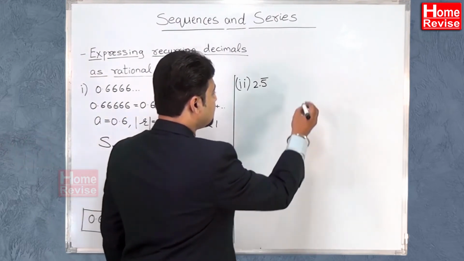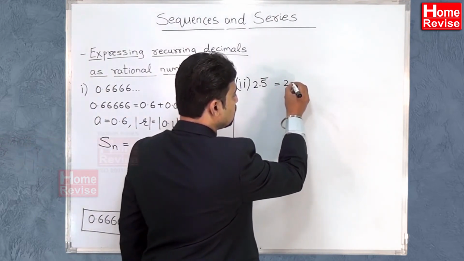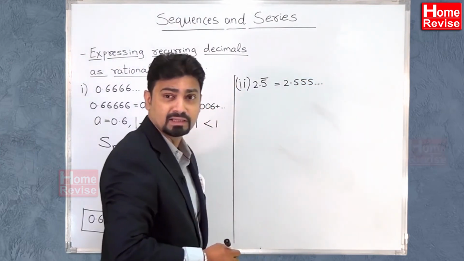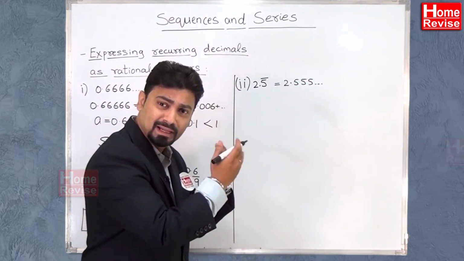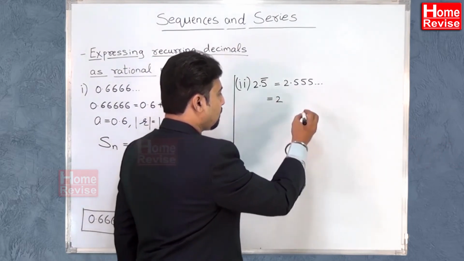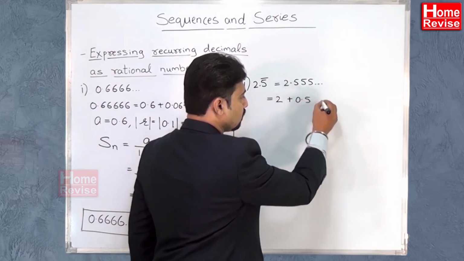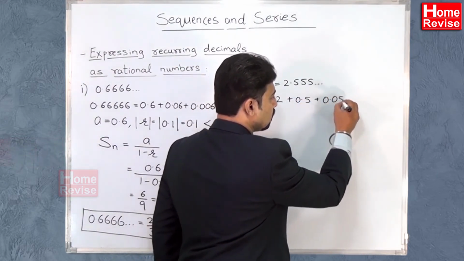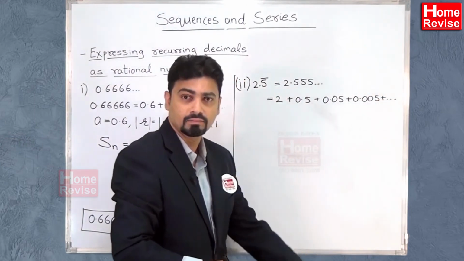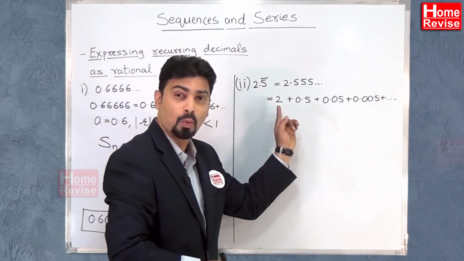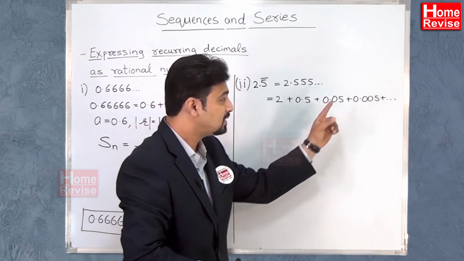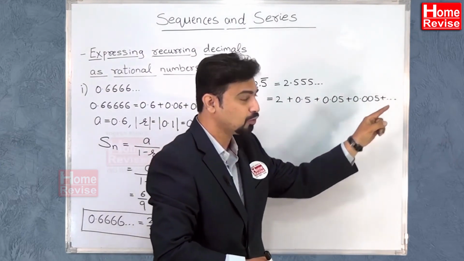So I can write this as like this. Now this can be split into addition as follows. Correct? So what I have done is 2 plus 0.5 plus 0.05 plus 0.005 plus so on.